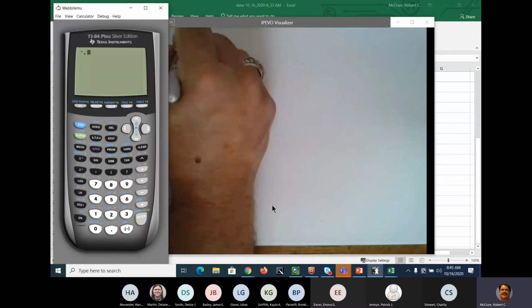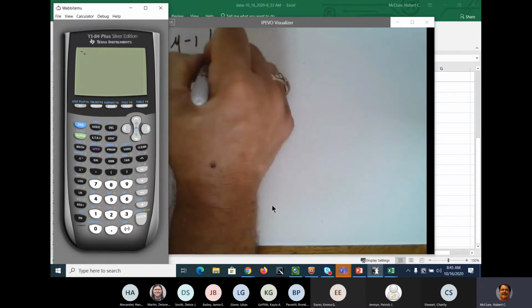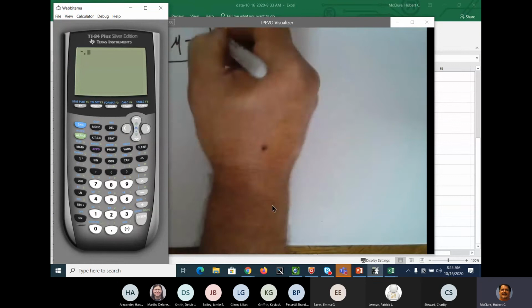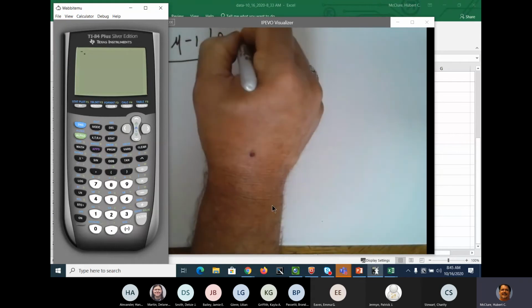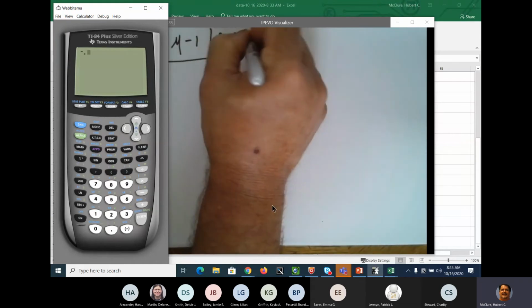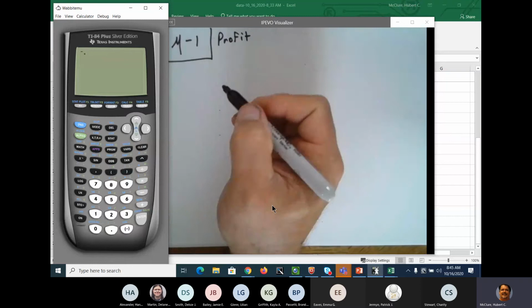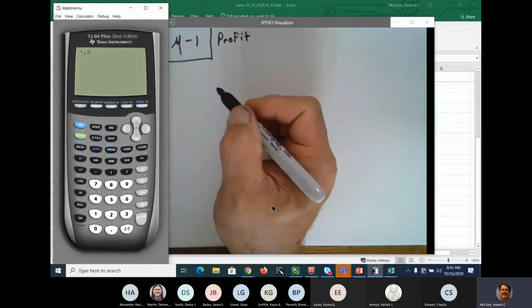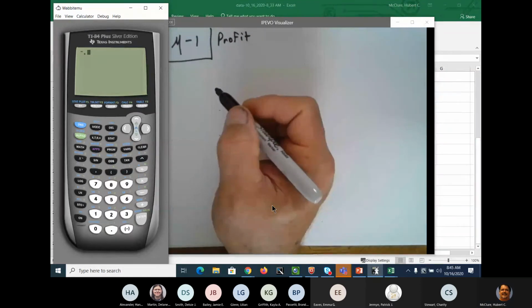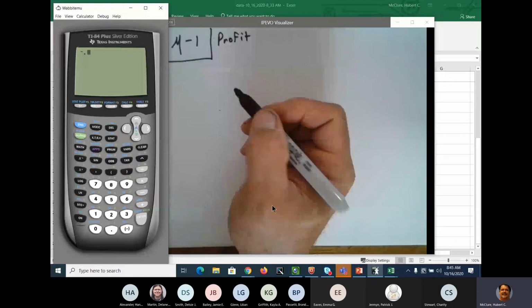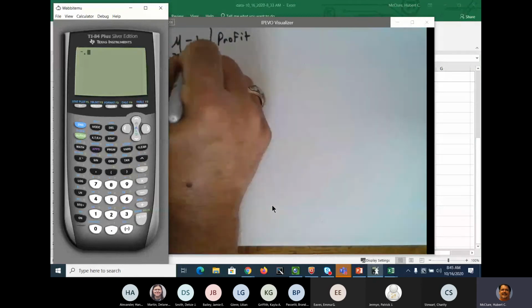So mean minus 1, that's for profit. That's where you subtracted 1 in the previous part, for the 0.28 minus 1. That's where that comes from.